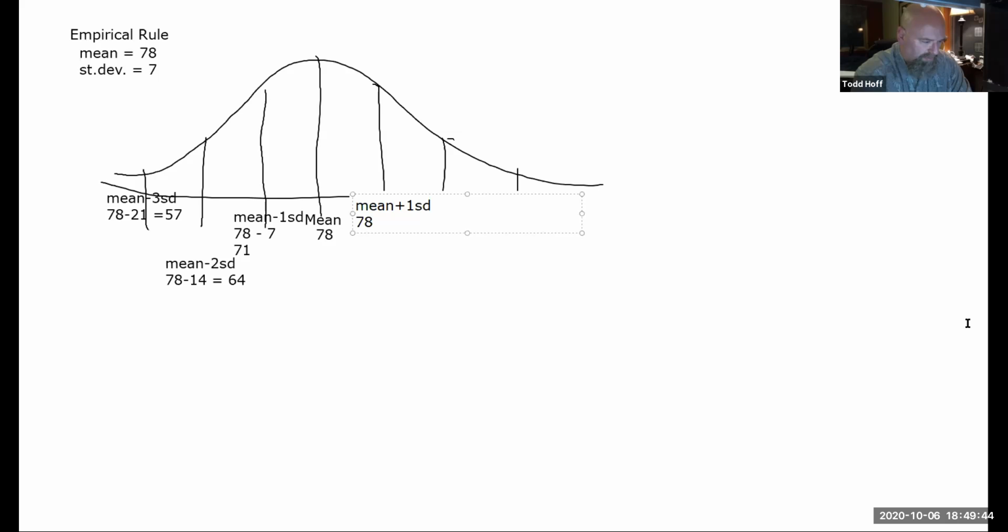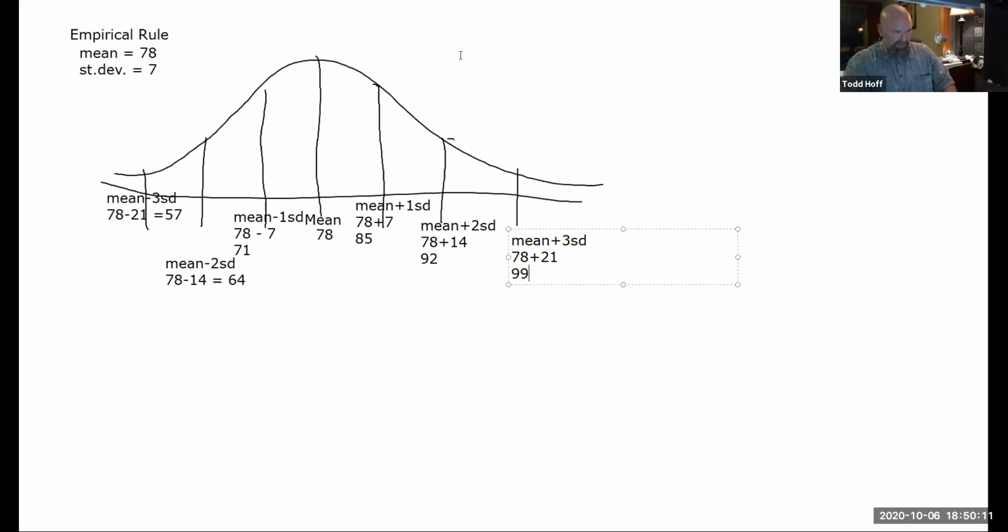So 78 plus 7, which is 85. This is the mean plus 2 standard deviations. So 78 plus 14, which would be 92. And this last one here is the mean plus 3 standard deviations. So 78 plus 21, or 99.